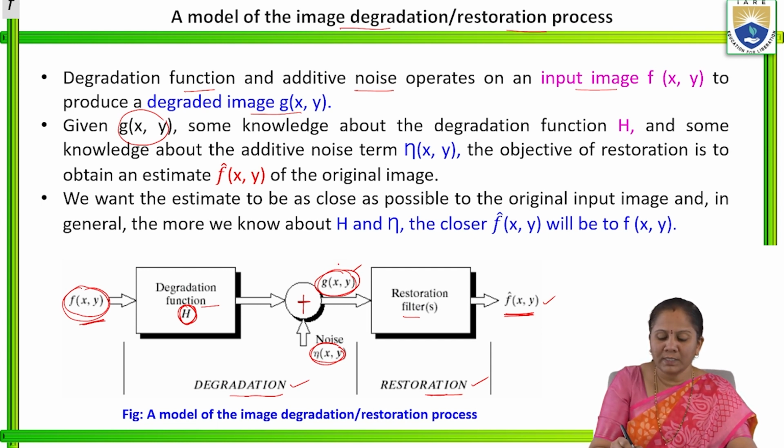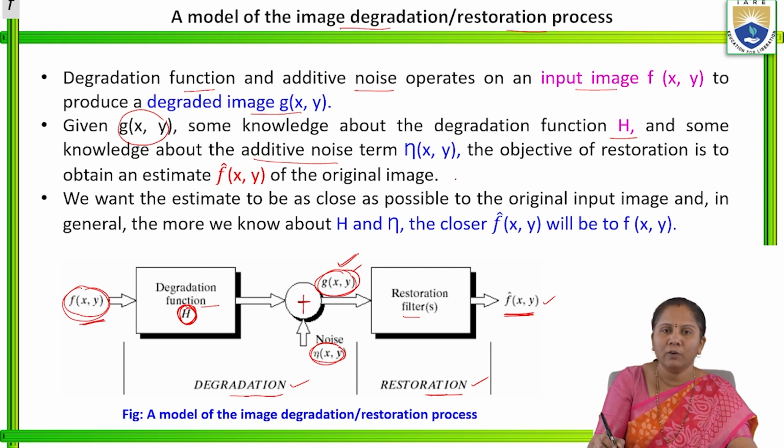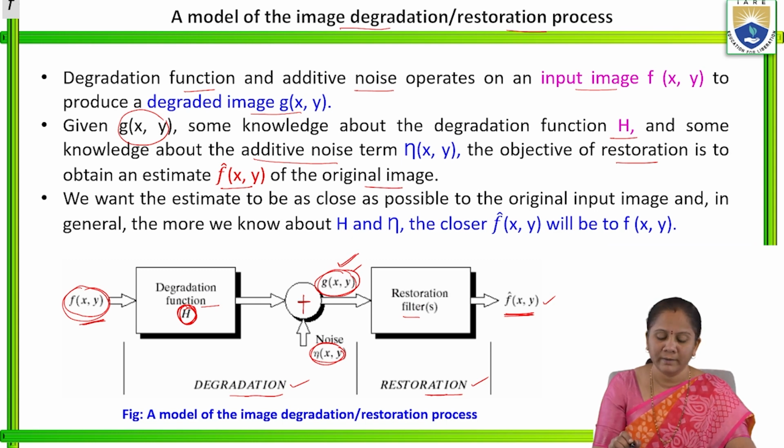So if we see this image g of x comma y, we will understand it only if we have proper knowledge of the degradation function h and some knowledge regarding the additive noise eta of x comma y. The main objective of this entire process is to make the output f cap of x comma y similar to the original image f of x comma y.